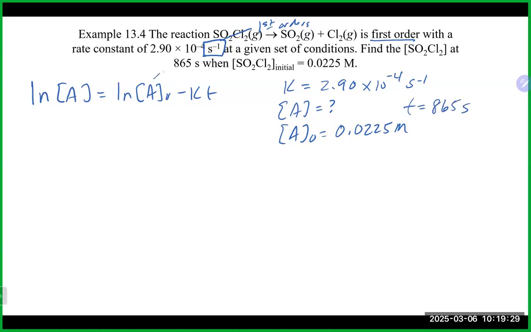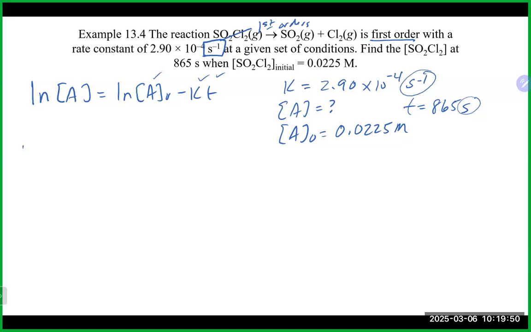So we've got everything on the right-hand side. We also see that unit-wise, the time is okay here. That's in seconds, that's in seconds, so those are going to cancel out correctly, but it is very common that they are in different units, so that's something you want to make sure you watch for.